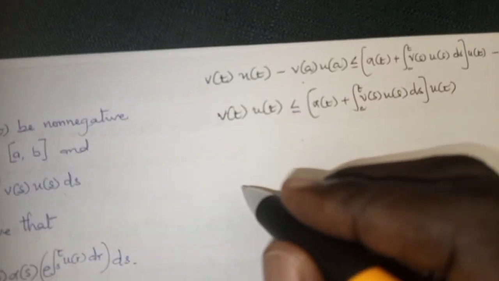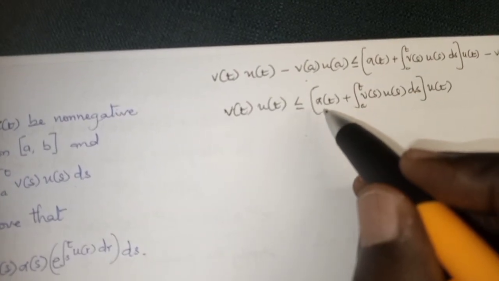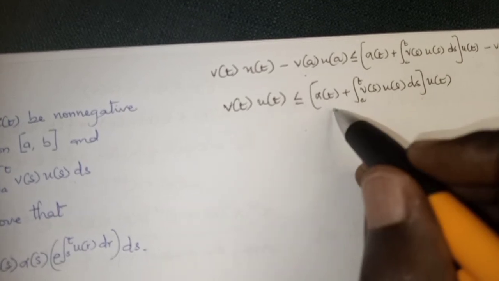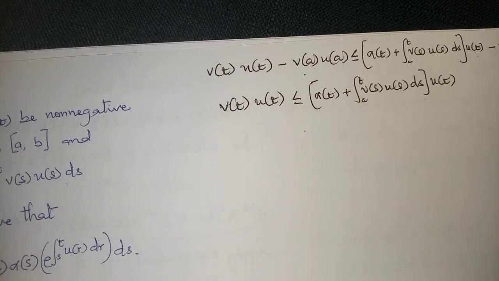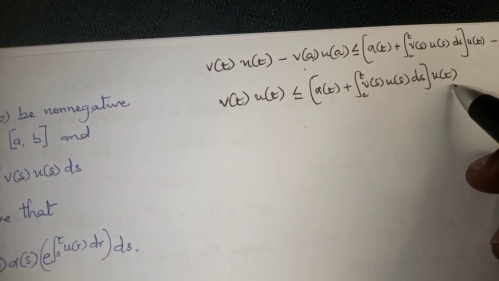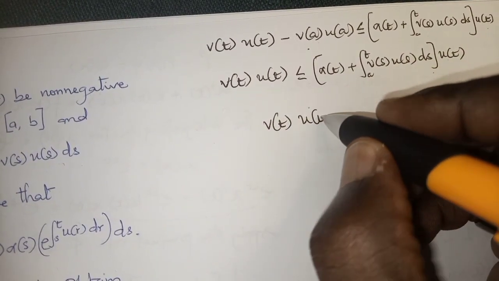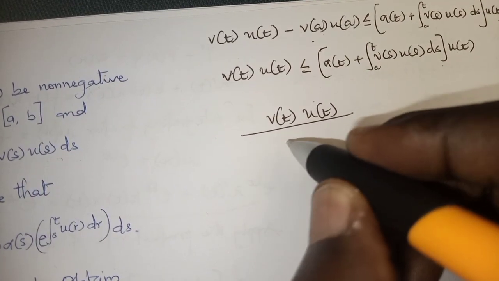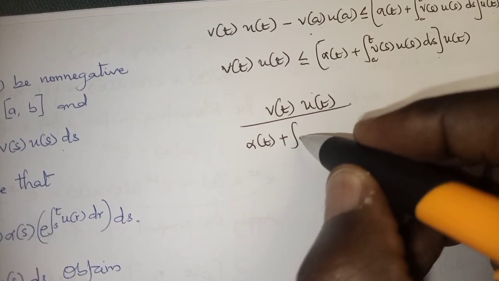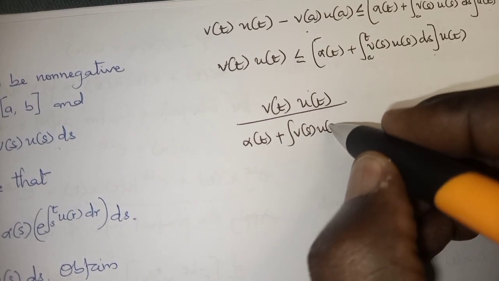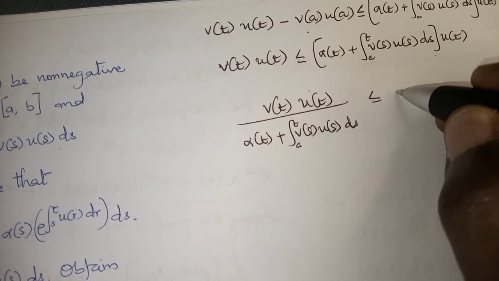From this we divide both sides by the coefficient of u of t. So we'll be having v of t, u of t divided by alpha of t plus the integral of v of s, u of s ds from a to t, less than or equals to u of t.